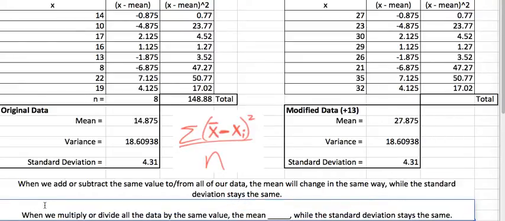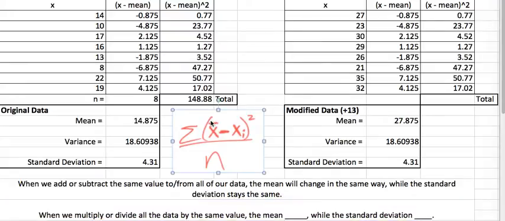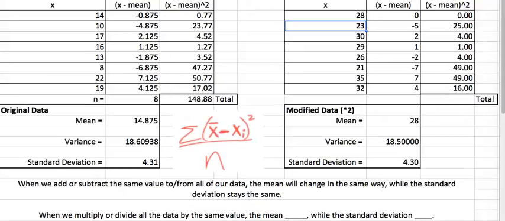And what's going to happen to my standard deviation? Okay, so let's explore that. Let's say that let's multiply all of our data by 13. Or maybe let's start with a smaller number. Let's multiply all the data by 2 first.